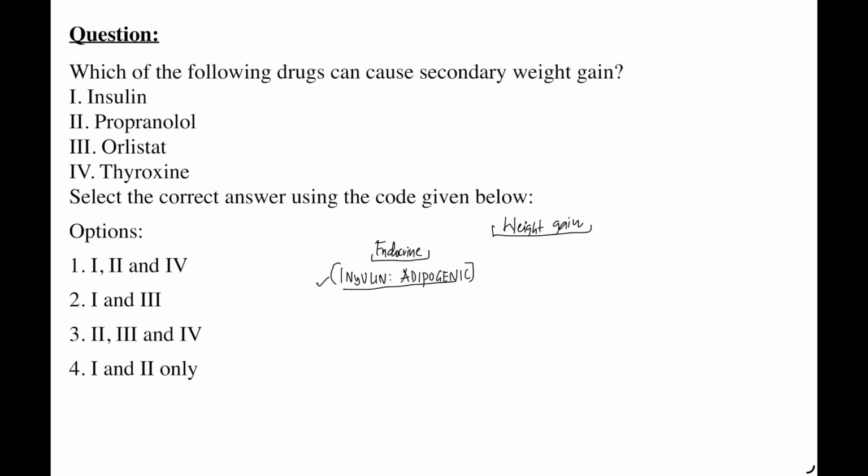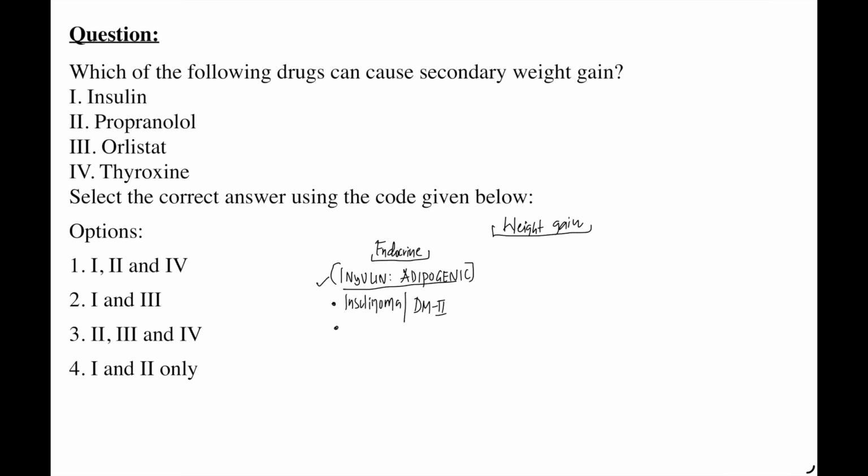If there is a condition called insulinoma, or in the initial part of diabetes mellitus type 2, because of the insulin resistance, you will see an increase in weight. Vice versa, in type 1 diabetes mellitus, because of insulin deficiency, young patients complain of weight loss, not weight gain. This is the first endocrine factor.